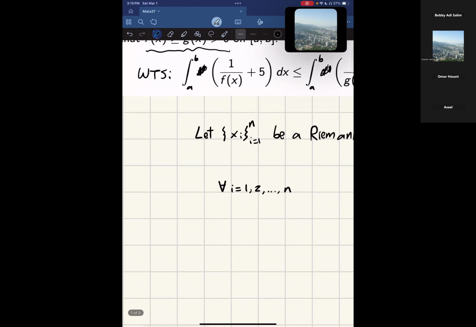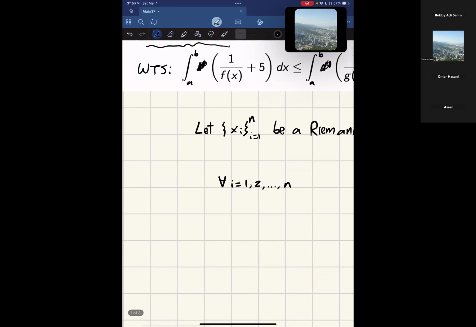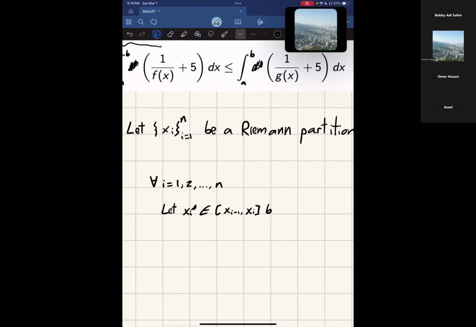In anything to do with Riemann sums, we use x_i star. So first we're going to define our x_i star. We're going to let x_i star be in the interval [x_{i-1}, x_i], and we're going to let it be arbitrary. The reason why we take it to be arbitrary is because we know that this should work for any x_i star in there, so we're going to prove that it works for all of them.